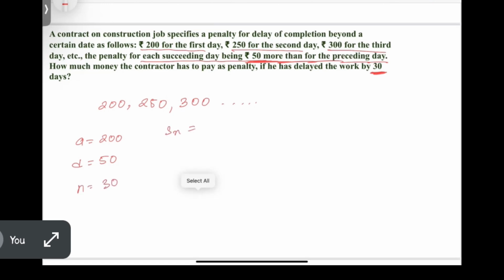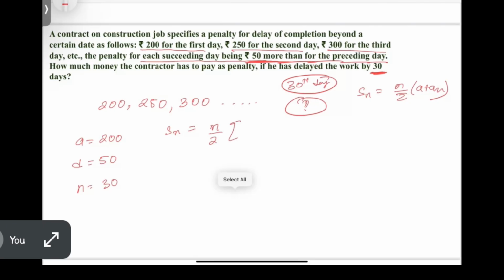Since we don't know the 30th day's value, the last term, we can't use Sn equal to n divided by 2 times a plus an. Since I don't know this value, I'll use the first formula, n divided by 2 times twice a plus n minus 1 times d.